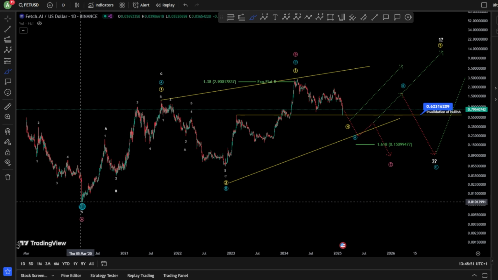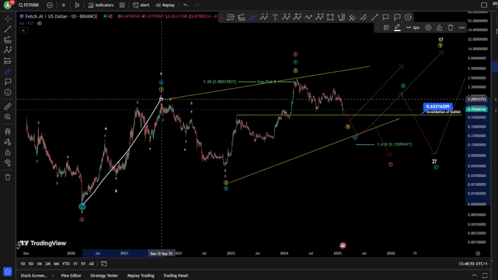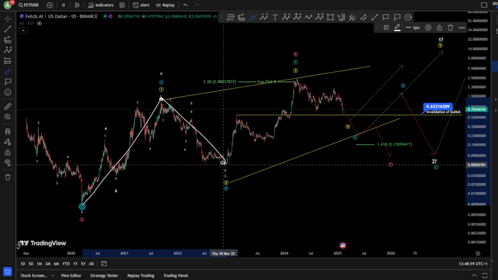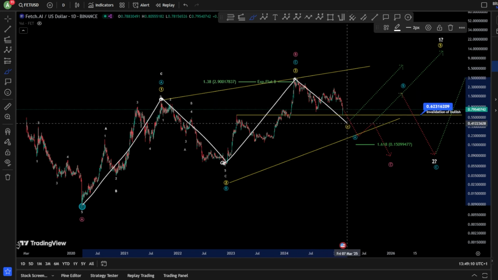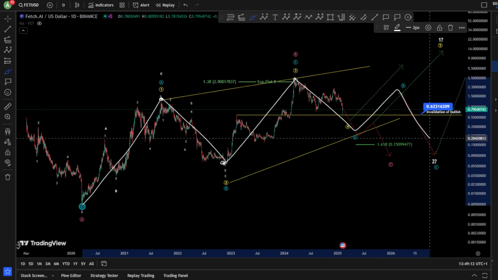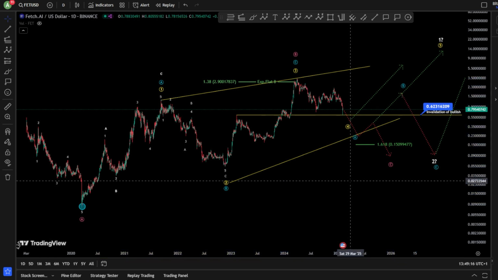Another scenario that can be unfolding here is in the blue count, where you have a wave A, 3 waves up, and then a wave B, 3 waves down, and then again 3 waves up. I would say WXY here, but it's the same at the end. ABC 3 waves corrective, and probably looking for other corrective 3 waves toward the downside, and then moving, of course, impulsively toward the upside.